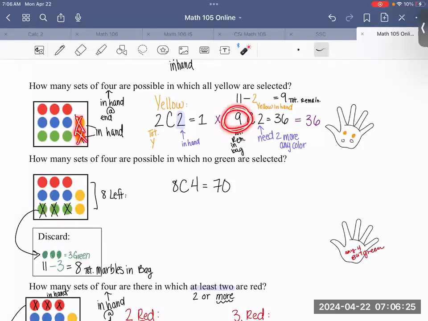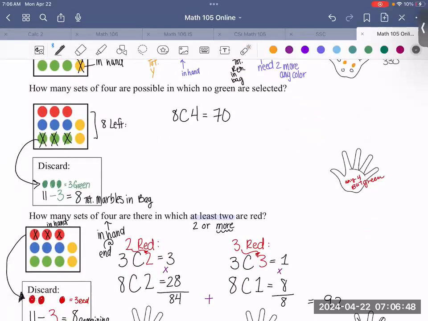And this time, because we're not allowed any more yellow, these ones happen to be in our hand, we have 9 left. So of this 9, we just need 2 more of any color. That would be 36. So we have 36 out of 330. Again, reducing your fraction.